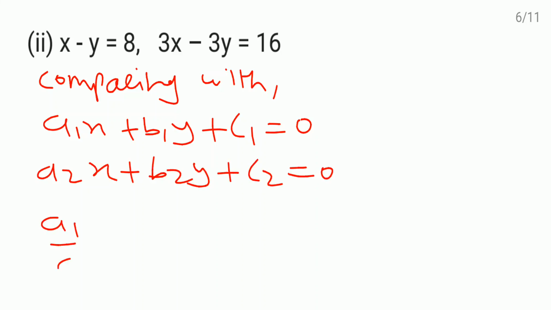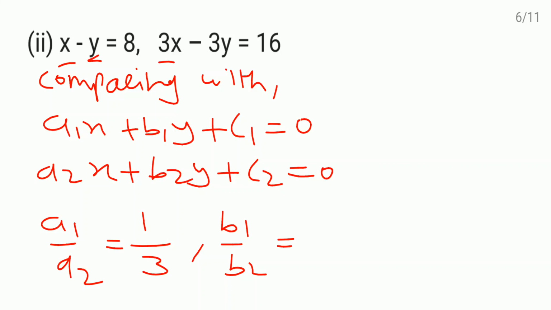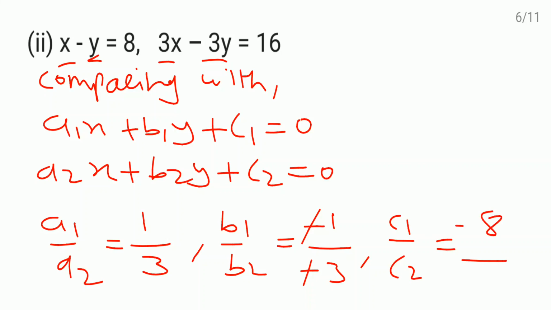So a1 by a2, if you observe here, x coefficient is 1 and here 3. Then b1 by b2, here coefficient is minus 1 and b2 is minus 3. So negative negative cancel. c1 by c2, this 8 will come this side, it became minus 8, and 16 will come this side, it will become minus 16.